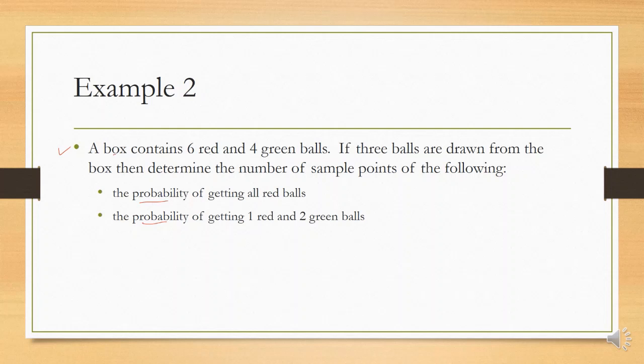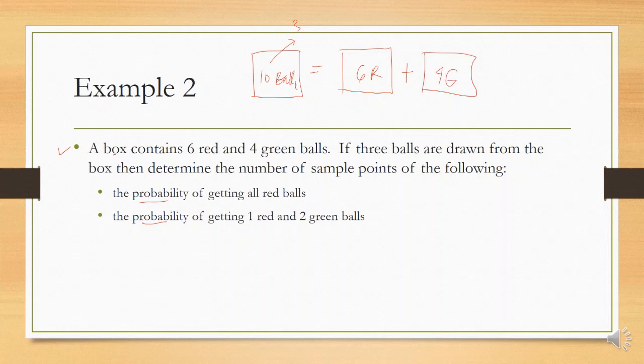If 3 balls are drawn from the box, then determine the number of sample points of the following. Let us repeat it so we get used to it. So, 10 balls, and we need 3. But this box consists of 6 red and 4 green balls.